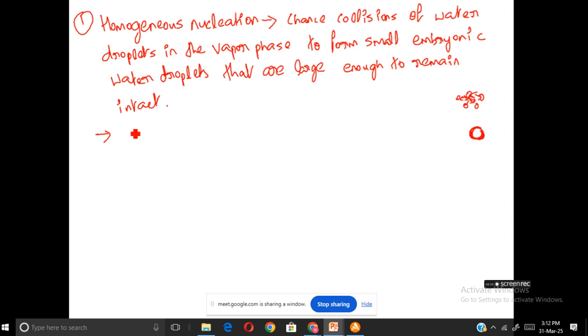So for droplets that form through homogeneous nucleation to remain intact, high levels of supersaturation are required for their formation and survival.